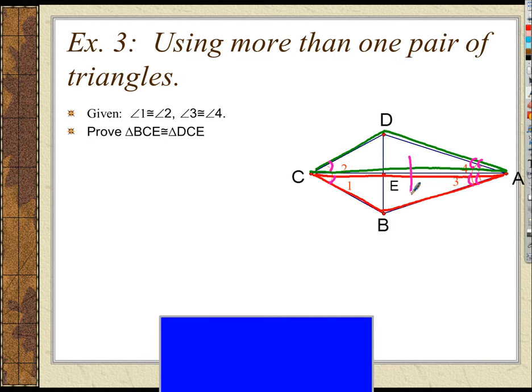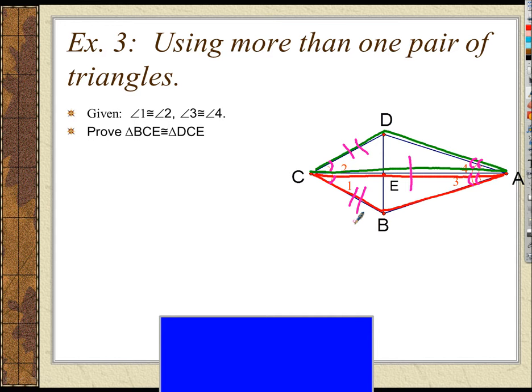Remember, all we could get before when we focused on the little triangles was CE congruent to itself and that angle, but now we could say, aha, CD and CB, because those are corresponding parts of the green and the red triangles, which we now know are congruent by CPCTC, that's a mouthful, we can say those two are congruent, right?